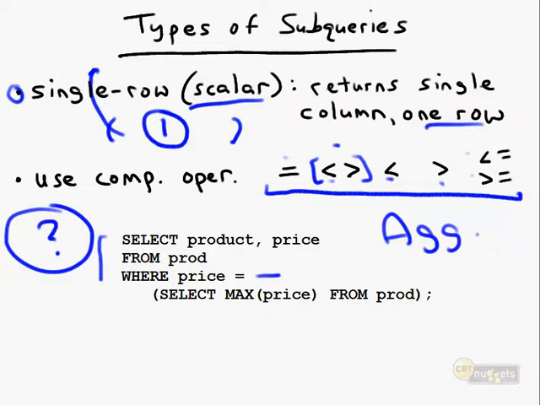As an example of using a comparison operator in our subquery, we could just reformulate this as select price from prod where some arbitrary column equals some other value, or greater than, less than, etc. Now, the possible problem that you can run into here when you're using comparison operators in your scalar subquery is that Oracle will in fact raise an error if more than one row satisfies that condition.